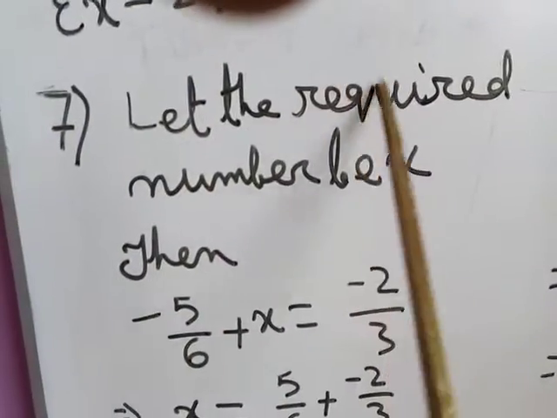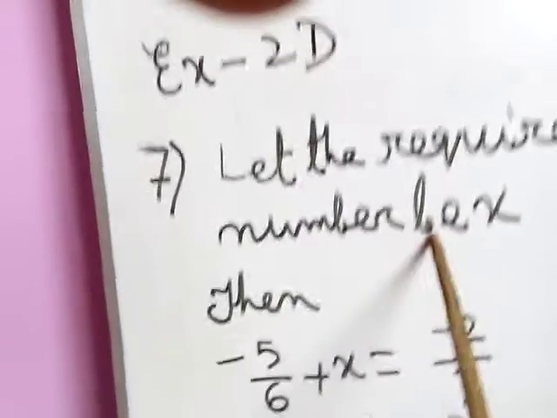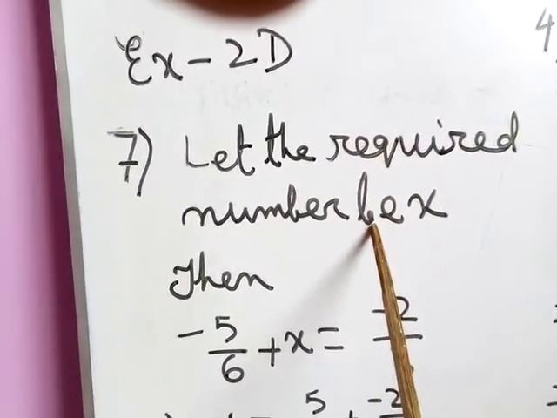Now exercise 2D, question number 7. Let the required number be x. You read the question carefully.